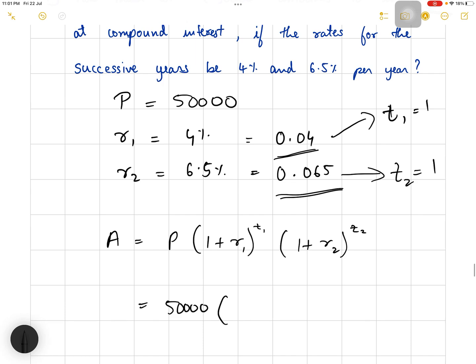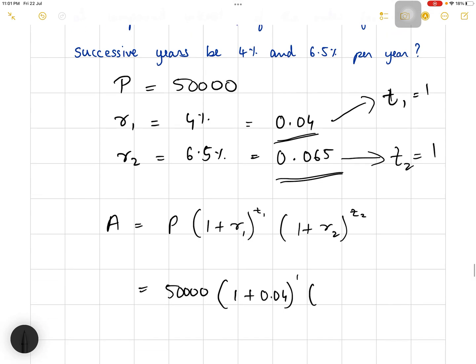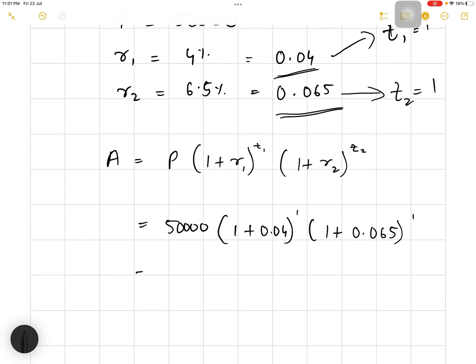So P is 50,000, into (1 plus 0.04) raised to 1, and (1 plus 0.065) raised to 1. If I don't write 1, that's okay. So which is 50,000 into 1.04 into 1.065.